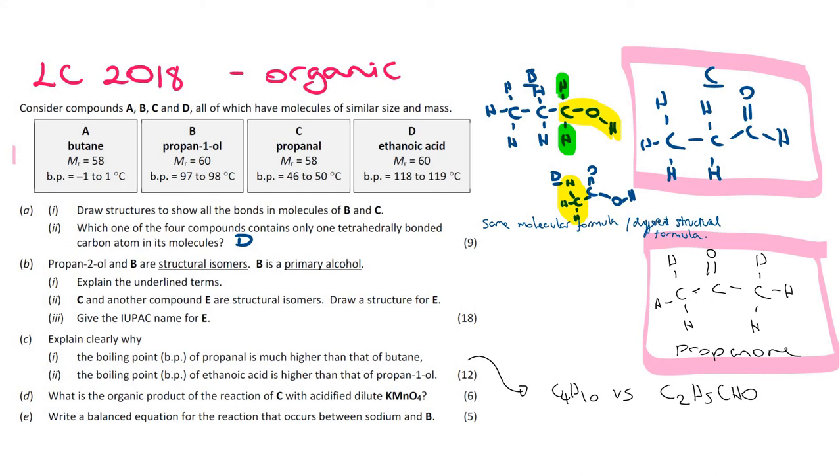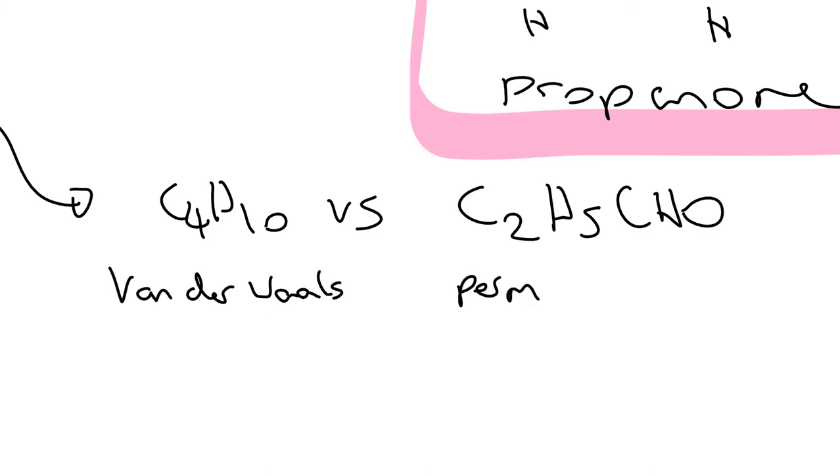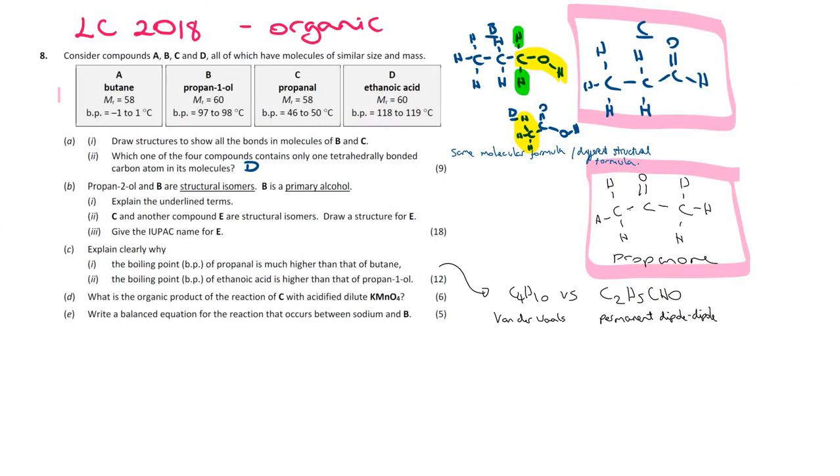So you have to compare the intermolecular forces, and the intermolecular forces here are van der Waals, and here you've got permanent dipole-dipole. The reason it's much higher is because you've got stronger intermolecular forces there. Permanent dipole-dipole forces are stronger than van der Waals forces.